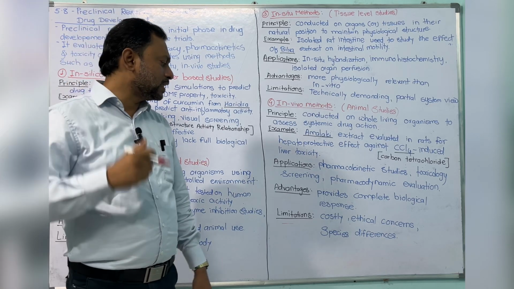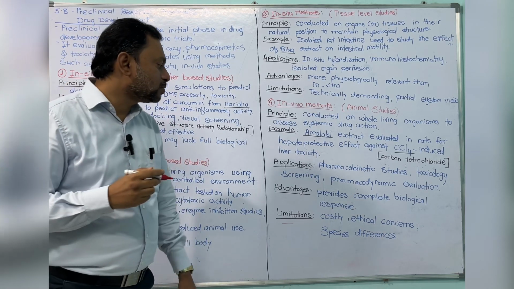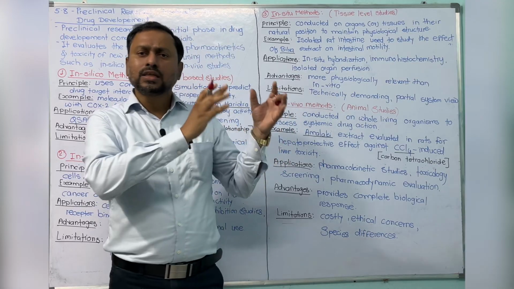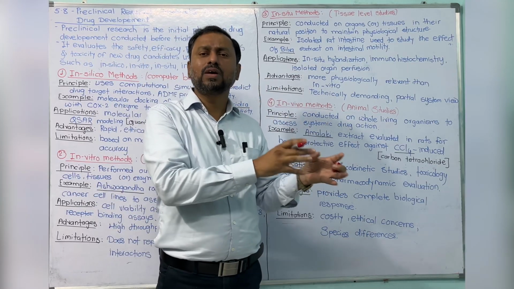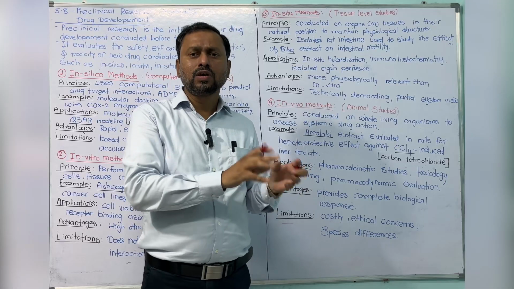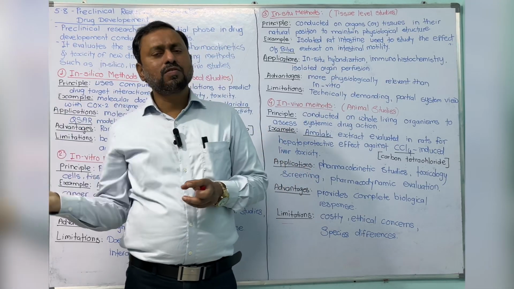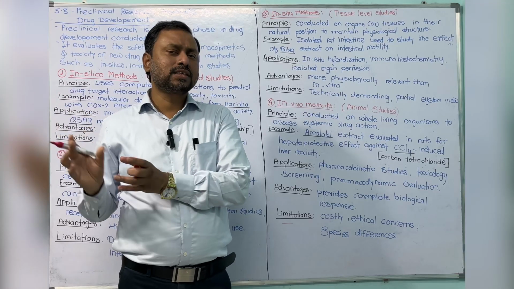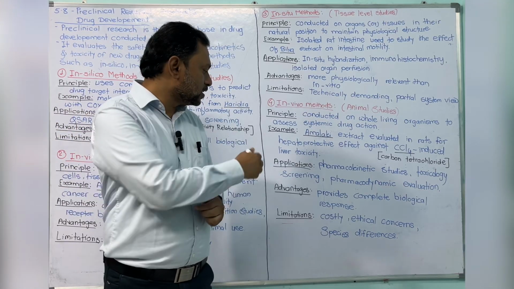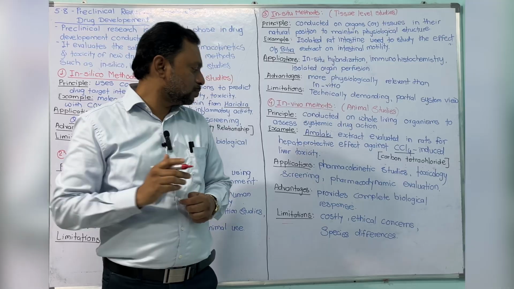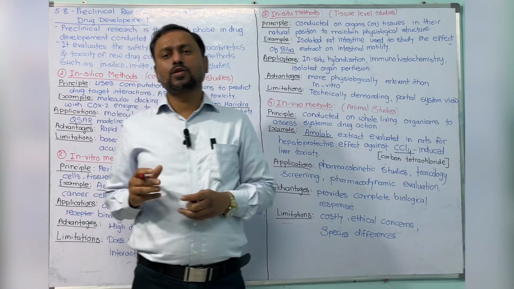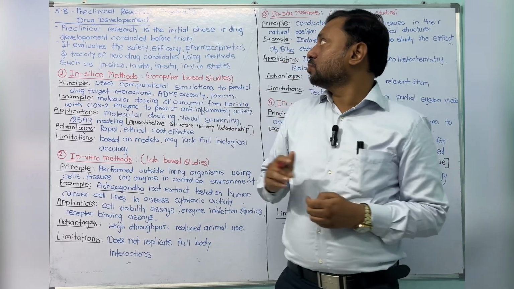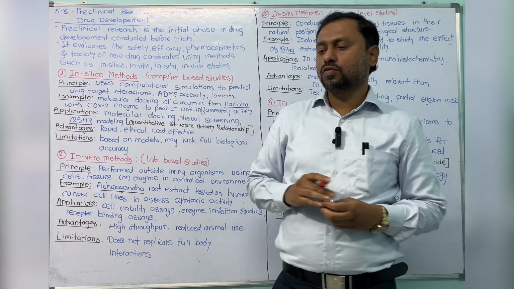And lastly, species difference, because we cannot say that a drug that is safe or effective in specific animals will act the same, safe or effective, in human beings. That's why species difference is one of the limitations of the in vivo methods in preclinical study.